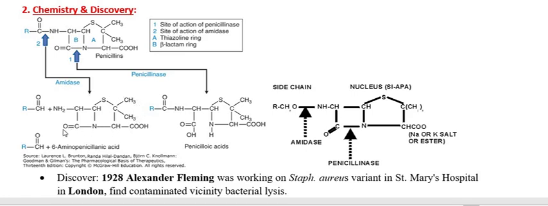So what does 6-aminopenicillanic acid mean? 6-aminopenicillanic acid has the thiazolidine ring and the beta lactam ring, and the side chain is not present.